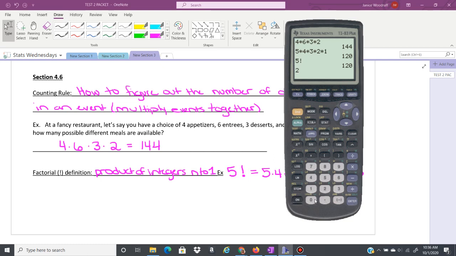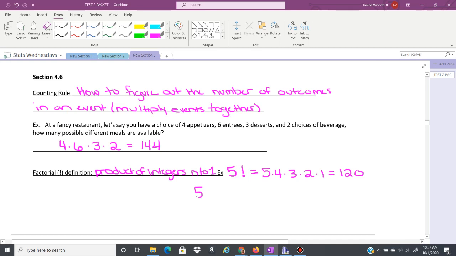So let's say I wanted to do 20 factorial: 20, math, PRB, exclamation point. It's a really, really big number, so it's in scientific notation. Let me just write this down for you. So you go 5, math, PRB, and then the exclamation point.